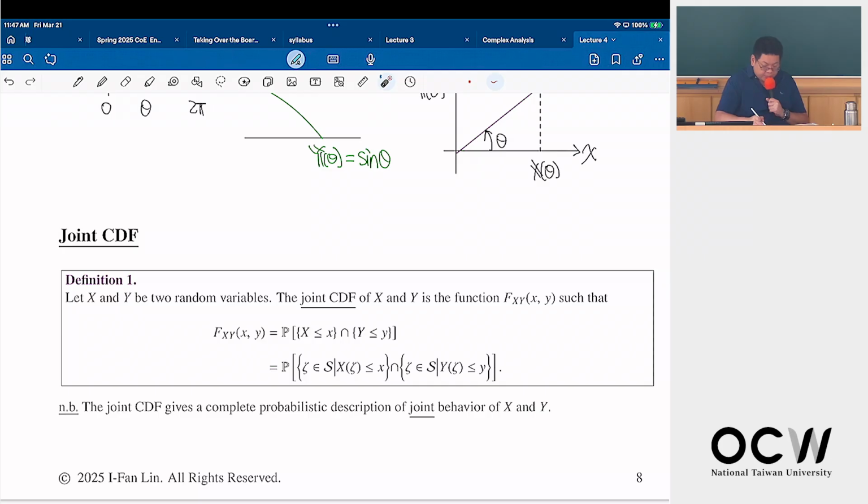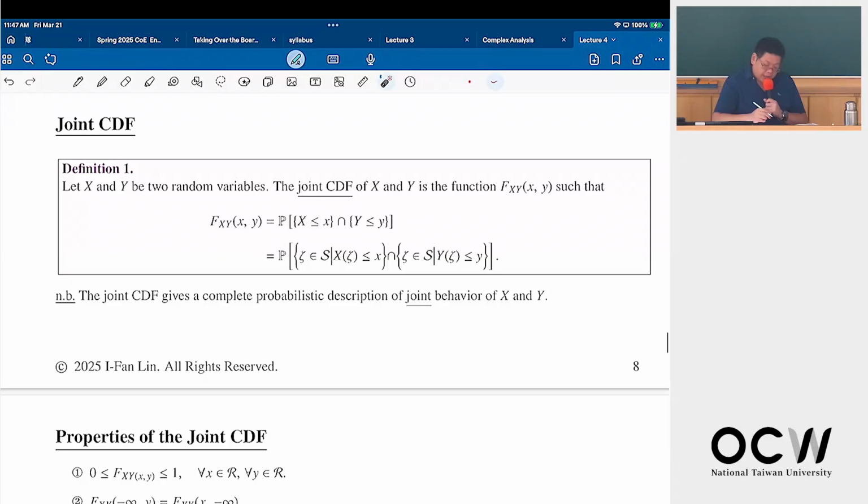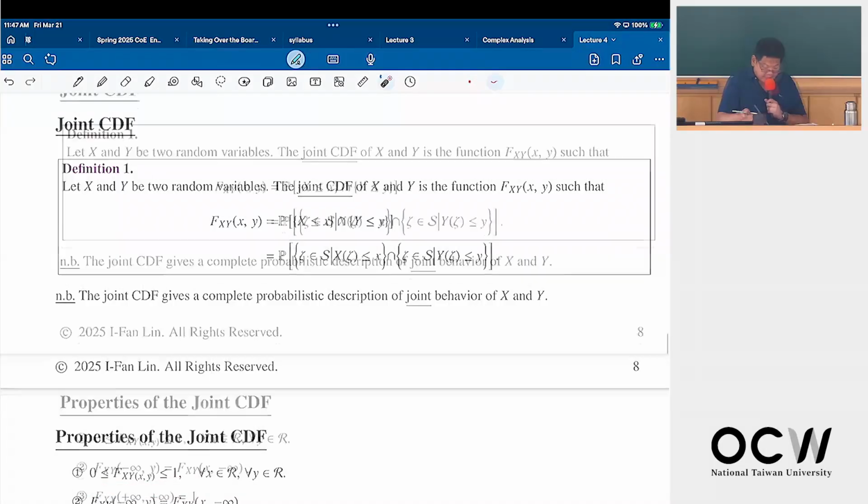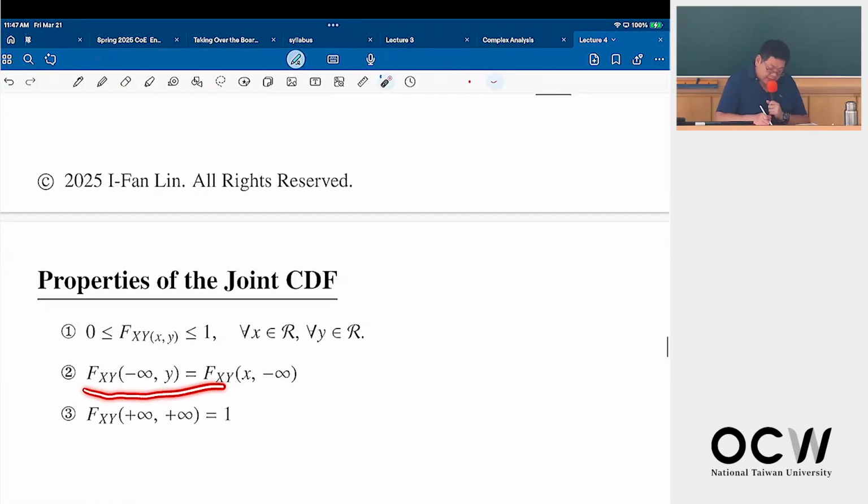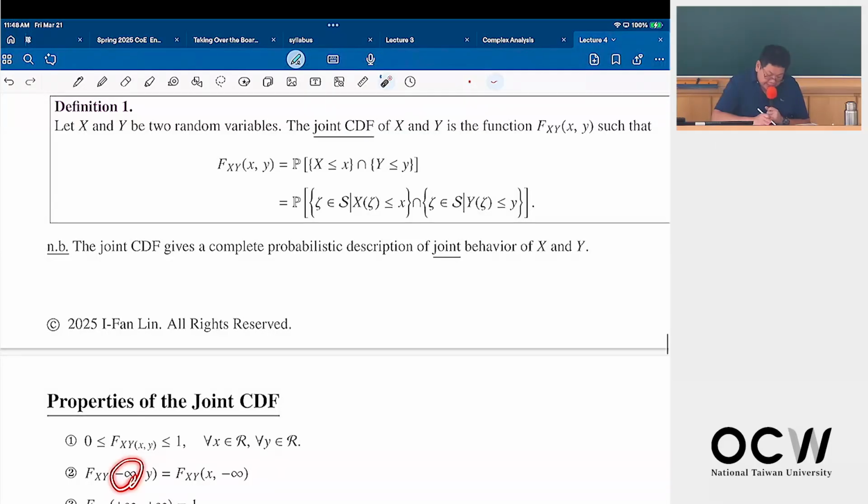The joint CDF gives a complete probabilistic description of the joint behavior of x and y. Let's see some properties of the joint CDFs. CDF, again, is a probability, so the probability is always between 0 and 1. And then, what is the CDF when x is minus infinity? If x is minus infinity, this event intersect the y event is an empty set.